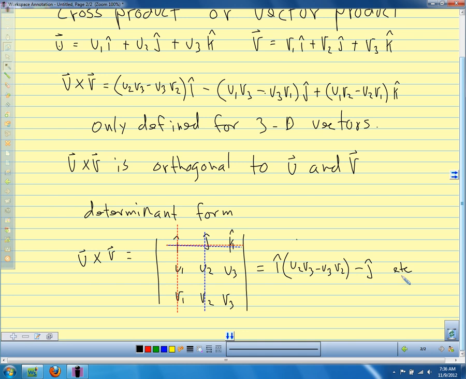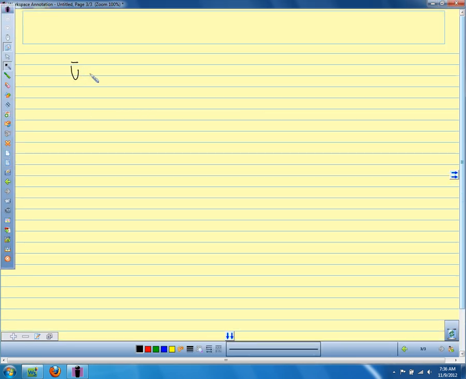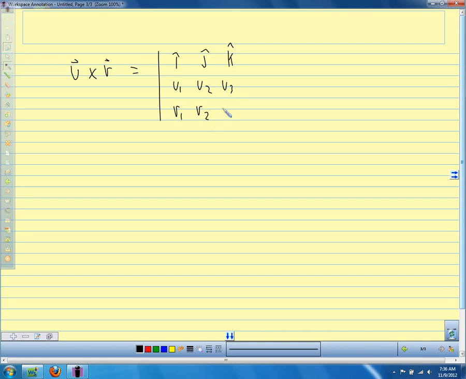Another way that you can think of this that can be helpful, if you don't remember the 2 by 2 and crossing out the rows and the columns, I'll write it another way. So if we say u cross v equals this determinant, i j k, u1, u2, u3, v1, v2, v3.